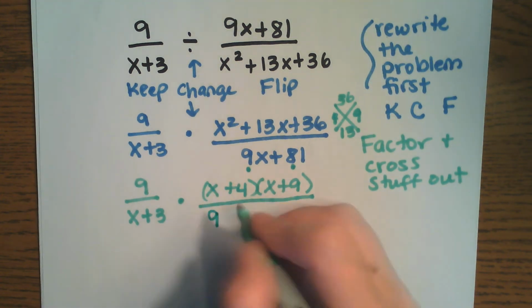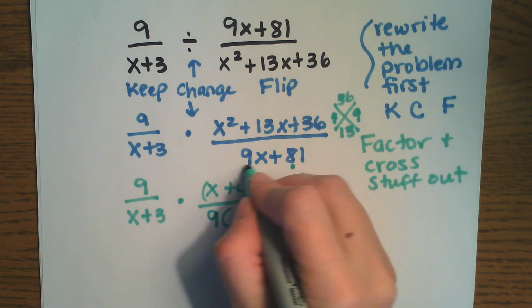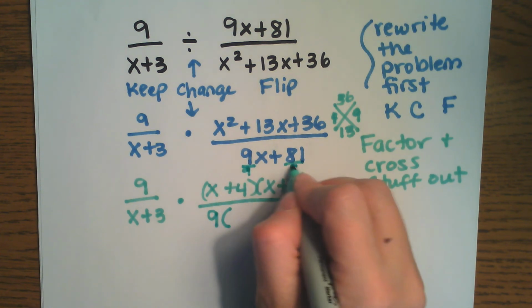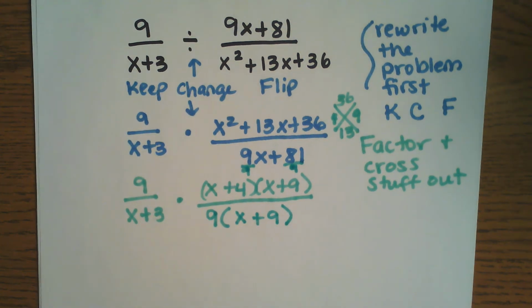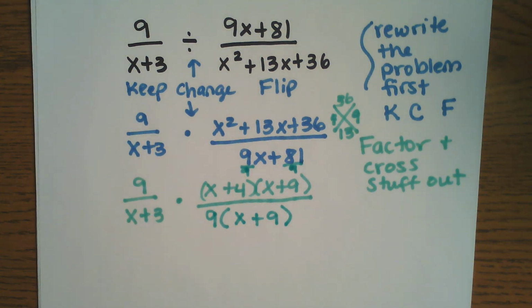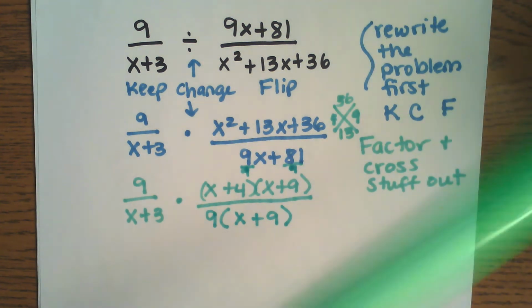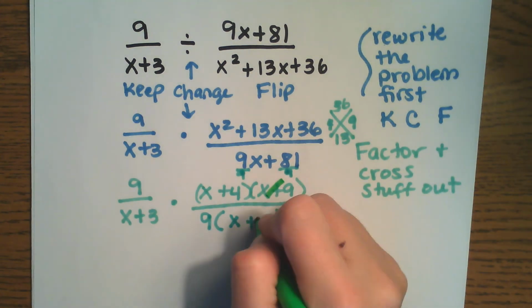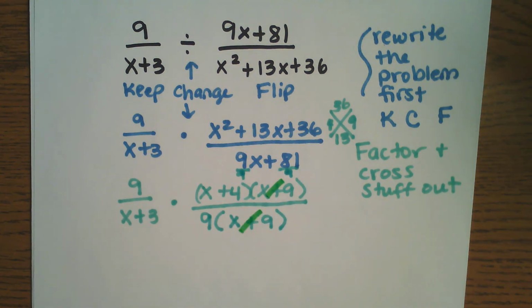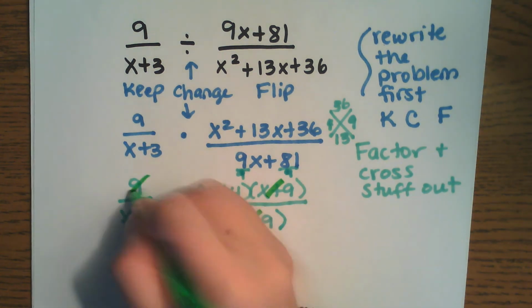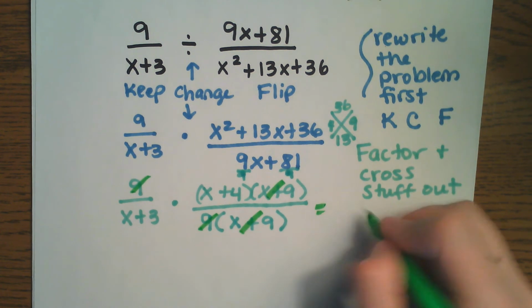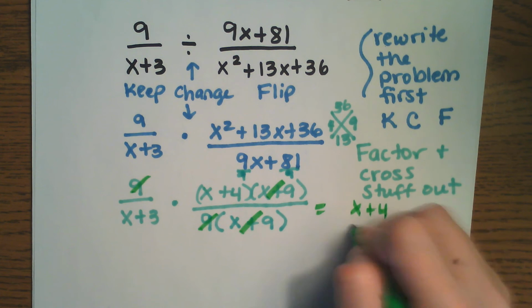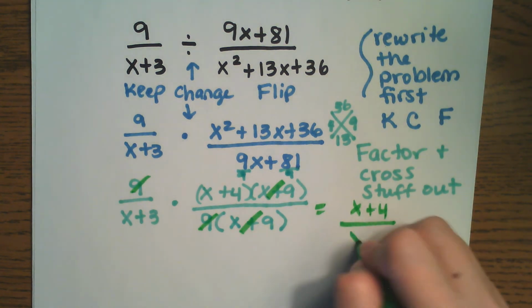Thank you. So when I divide out 9, I get 1x plus 9. Alright, so what is going to leave us? X plus 9? One more thing. 9. So on top, I got an x plus 4, and on the bottom, I got x plus 3.